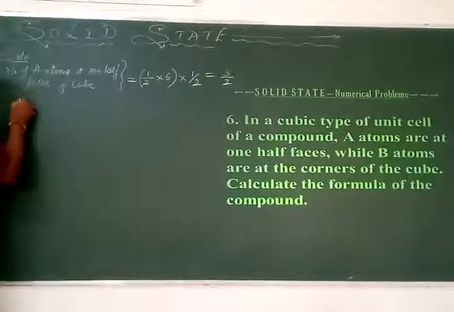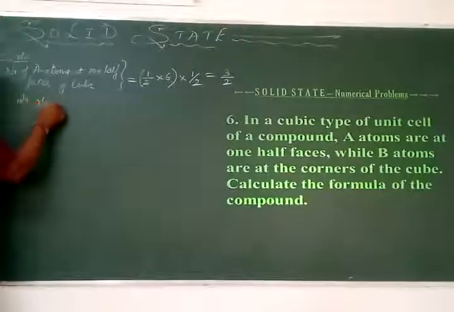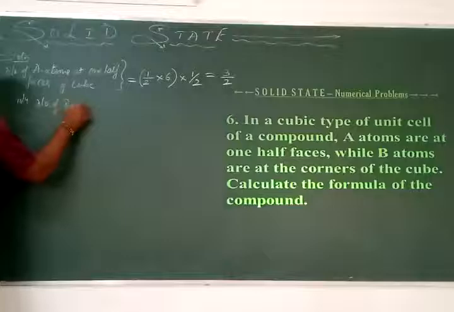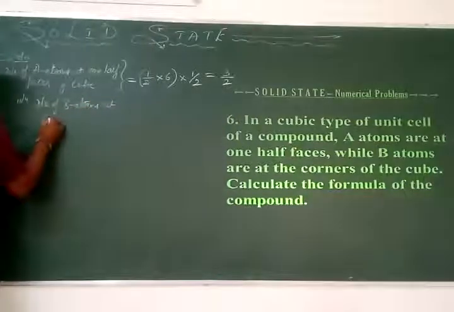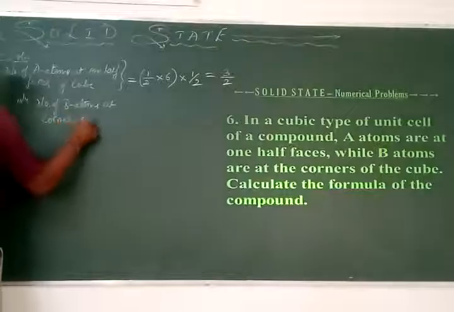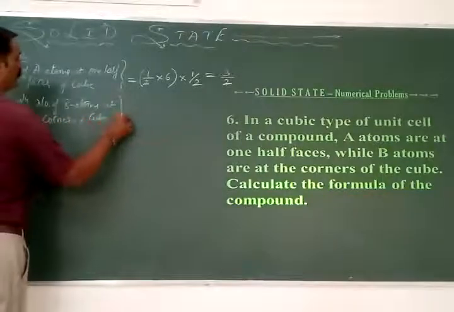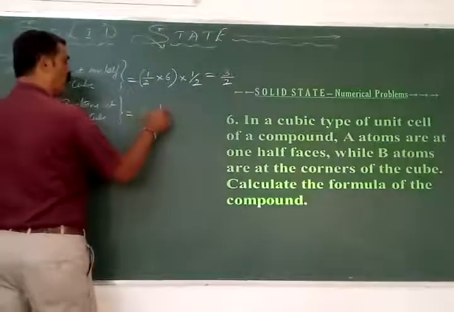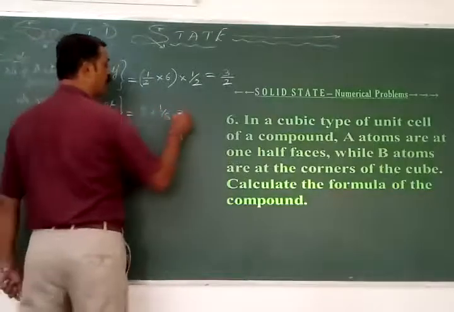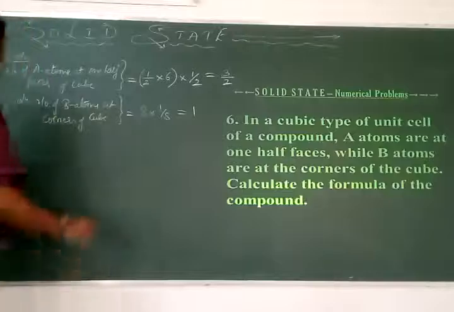Similarly, the number of B atoms now. Where are they? At the corners of the cube. How many corners are we having? 8. And what is the contribution of each? It is 1 by 8. Therefore, it is equal to 1.